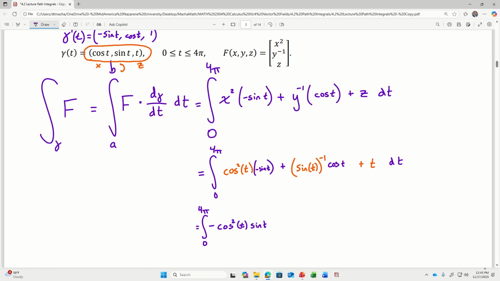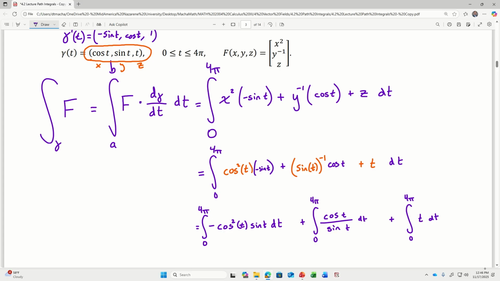That's actually easy to solve with a u substitution, isn't it? This one is cosine divided by sine, which is also easy to solve with a u substitution, isn't it? And then this is t.